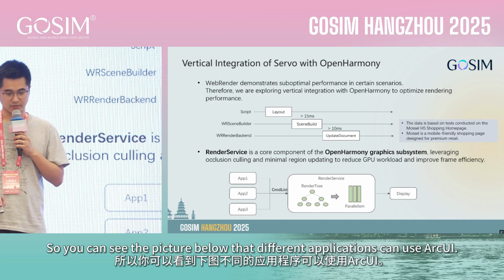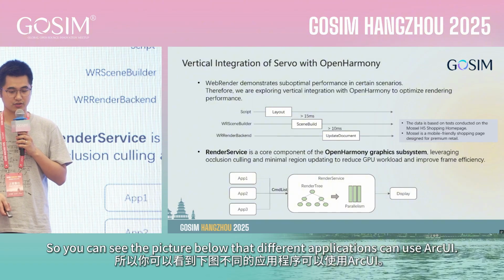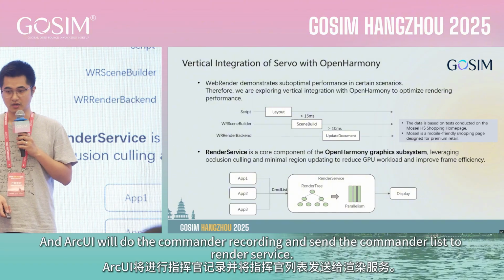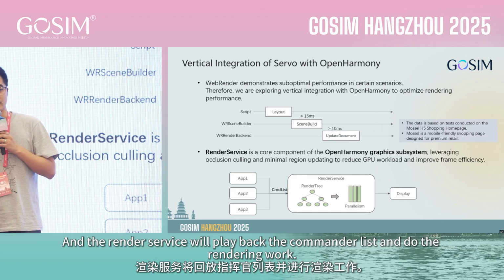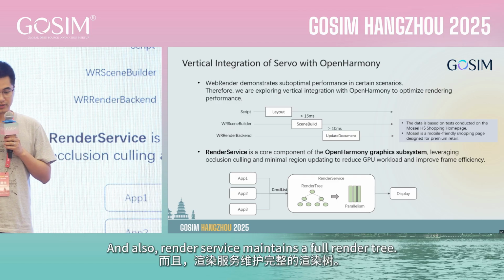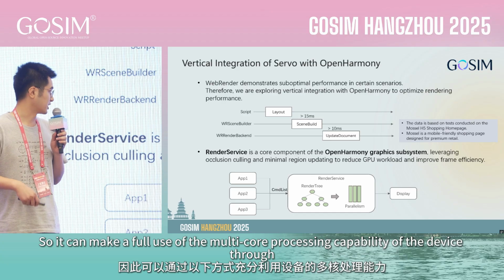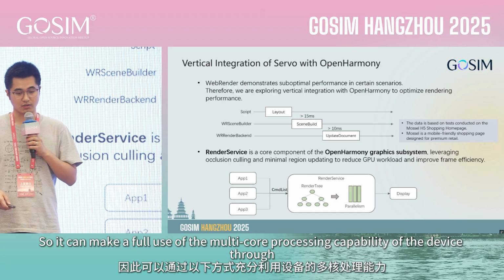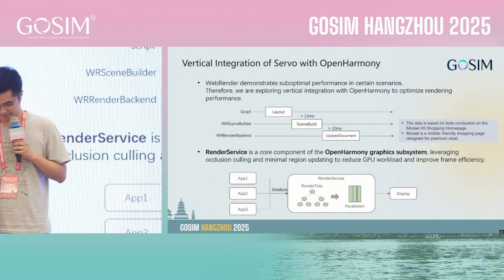In the picture below, different applications can use ArkUI, and ArkUI will do the command recording and send the command list to the render service. The render service will play back the command list and do the rendering work. Also, the render service maintains a full render tree, so it can make full use of the multi-core processing capability of the device through parallelism.